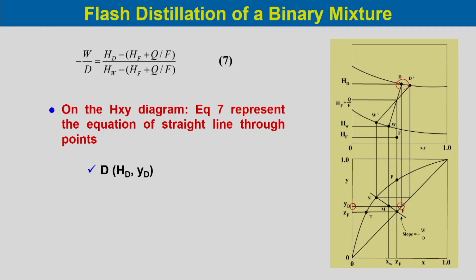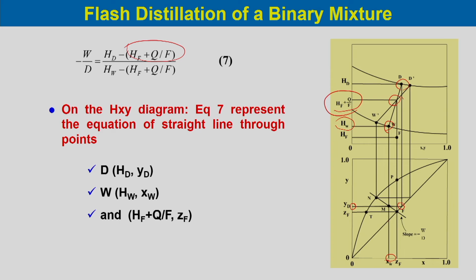So, point D represents XD, HD, YD on the enthalpy concentration diagram, and W, which is over here, represents HW and the corresponding mole fraction XW here, and also HF plus Q by F, which is this part, which is on the line between D and W.